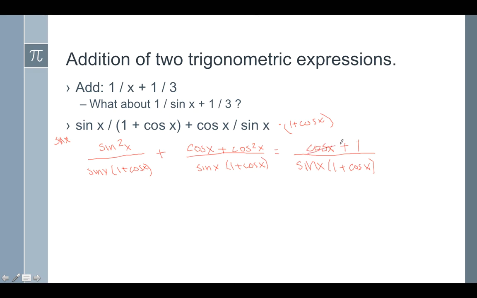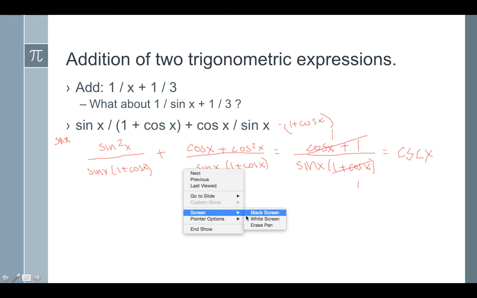Well, cosine of x plus 1, cosine of x plus 1, I'm left with 1 over sine. Well, 1 over sine is cosecant of x. And therefore, we've now added these two ugly fractions to make it look like cosecant of x. And that actually proves that they're equal. We've used legal math steps to show that those two things are equal.